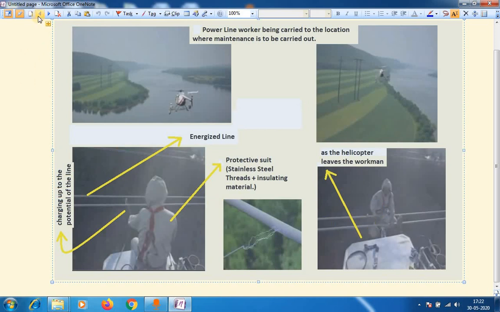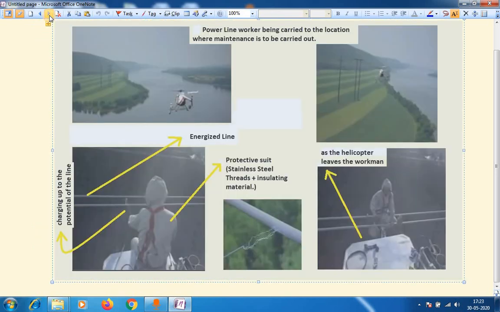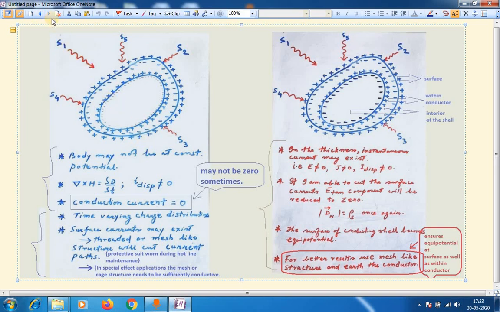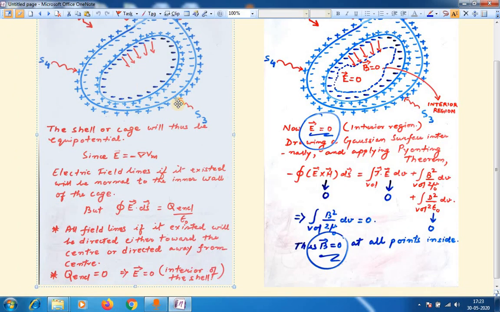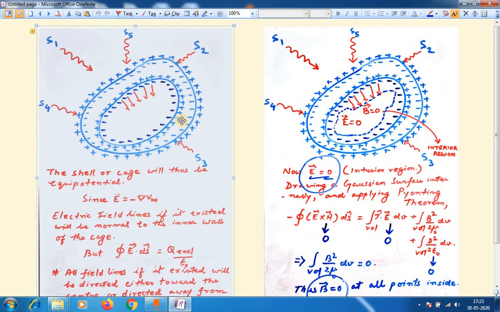Okay, now whatever be the case, the thing which we have understood is that the cage or the metallic structure that we are using is more or less equipotential, right?